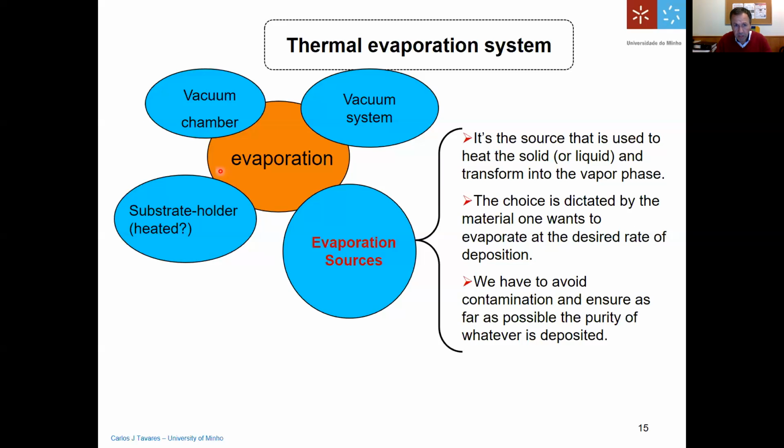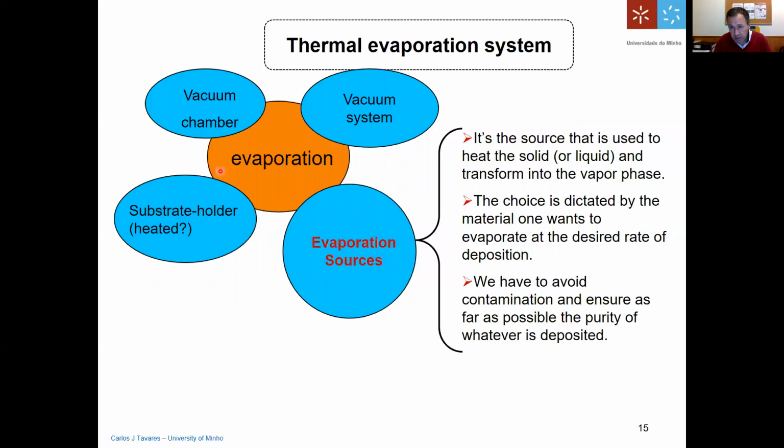So in a thermal evaporation system, you really need to have a vacuum chamber. You have to have a vacuum system. You need a substrate holder, which can be heated or not, preferably heated. And you need evaporation sources, where you put the material that is your evaporant and that you want to evaporate. It's the source that is used to heat the solid or liquid and transform it into a vapor phase.